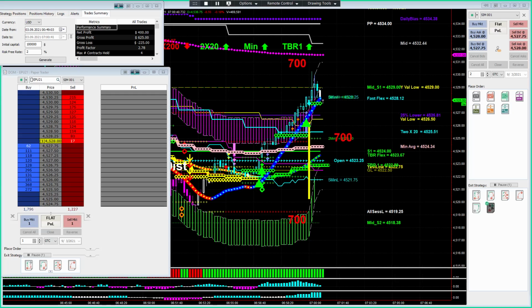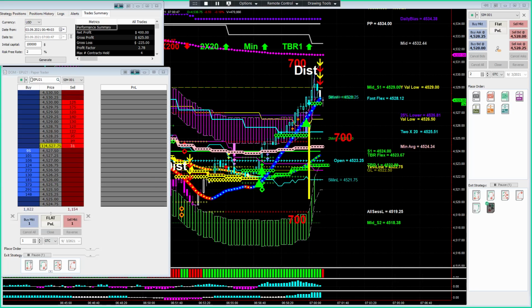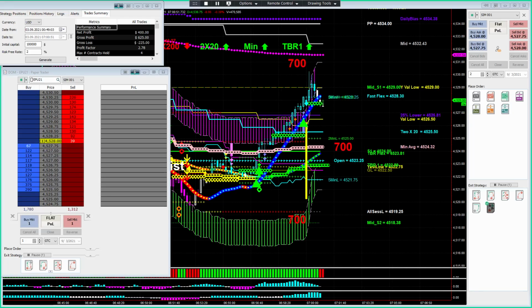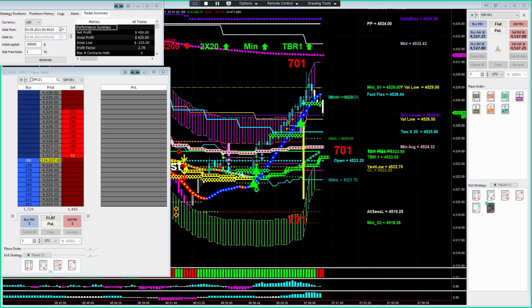Now, right after 7 o'clock, we need to wait a bit. Right, sometimes the moves after 7 o'clock are a little bit funny, and after we give it a little bit, we'll look for a trend entry that looks to be safer.